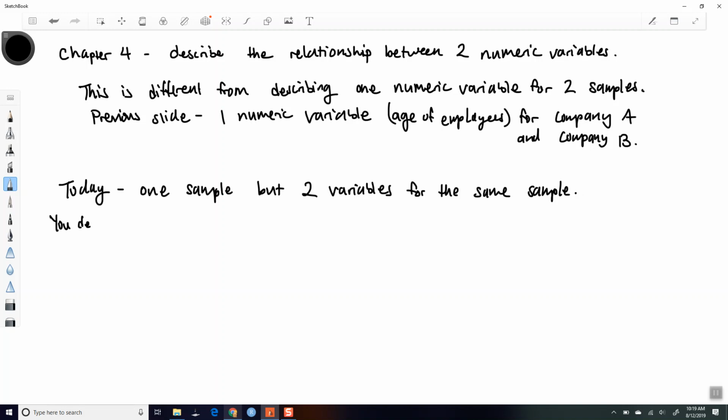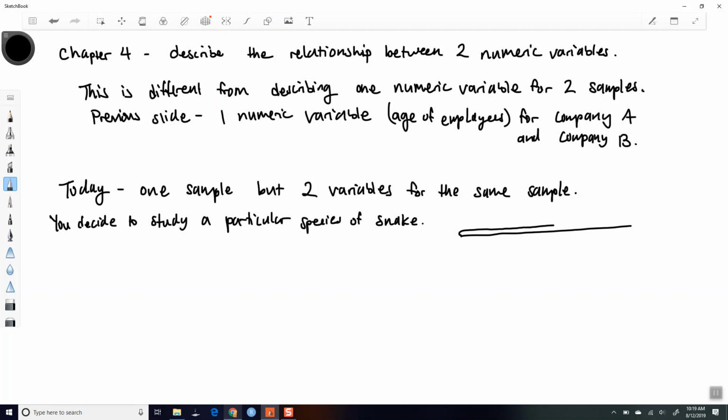you decide to study a particular species of snake. Okay, and this is what a snake looks like. All right, there you go.